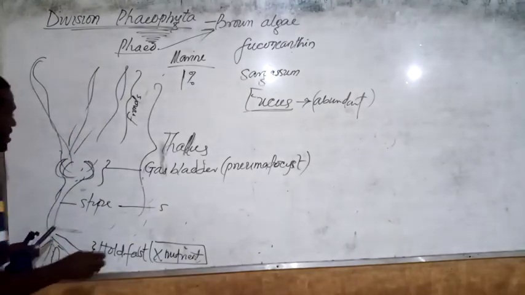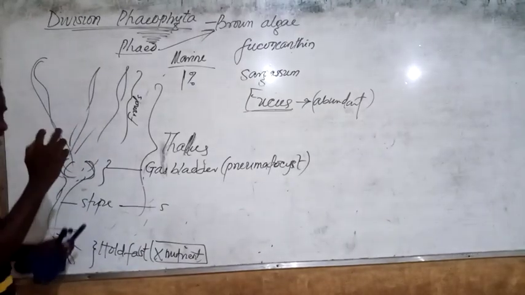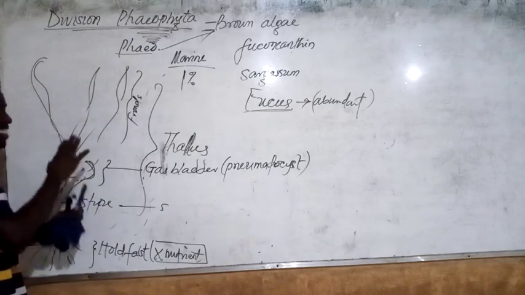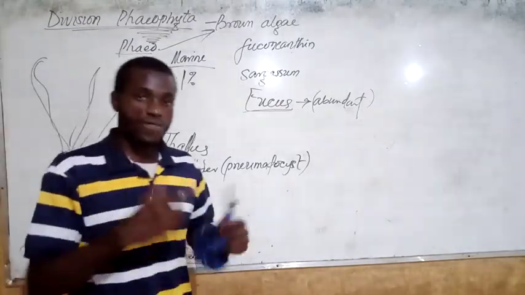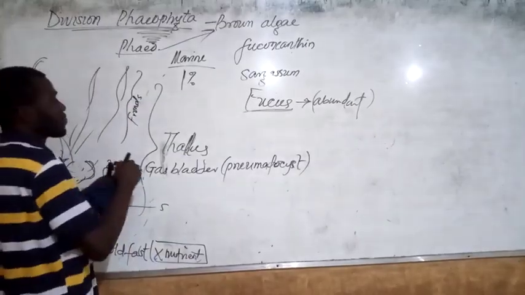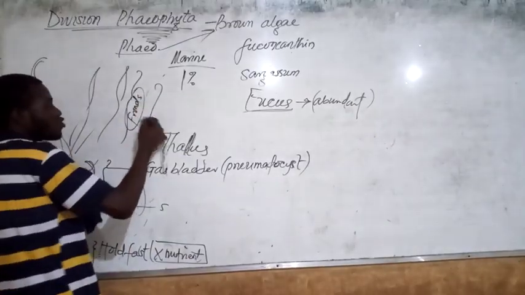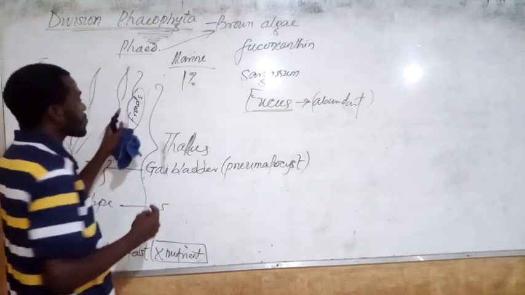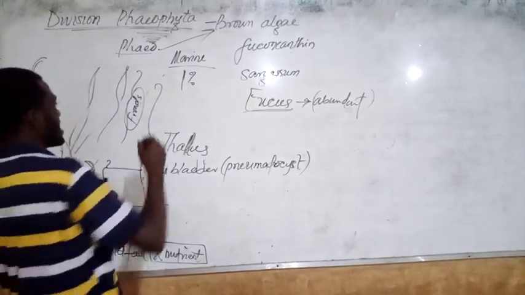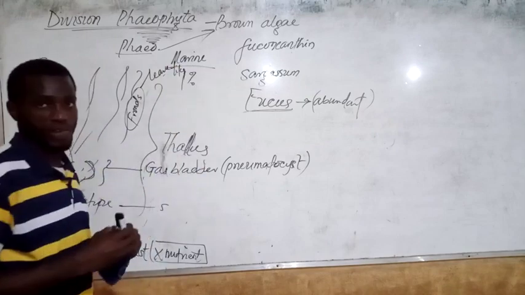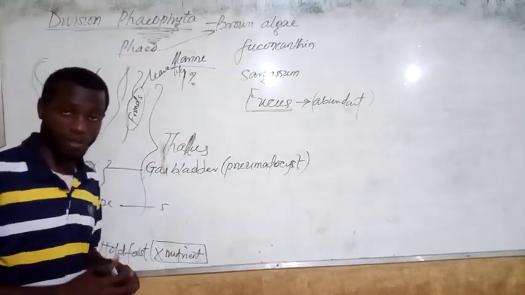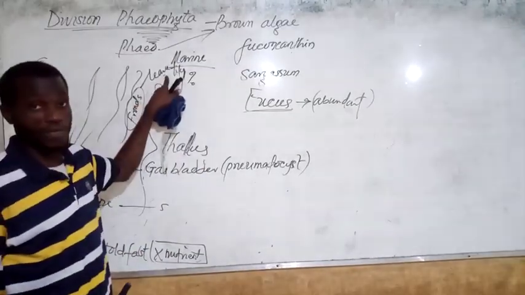But as a result of the fact that it holds air, it is able to help the frond to stand in position, for the frond to perform its function. And what is the function of the frond? Remember I said it is the leaf-like structure, right? And what is the function of the leaf in a flowering plant? The leaf is the kitchen of the flowering plant.